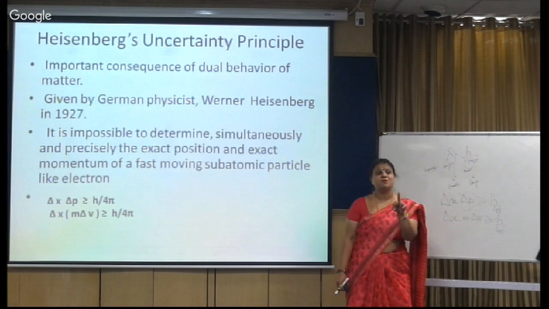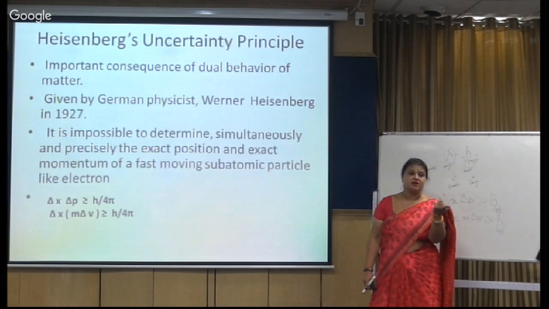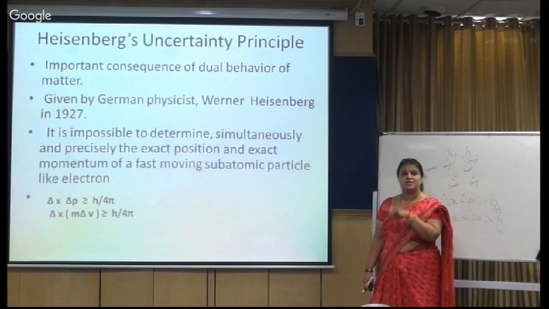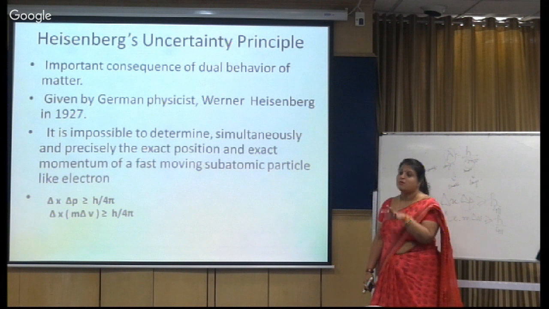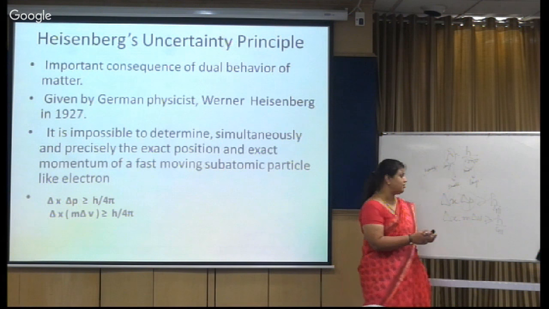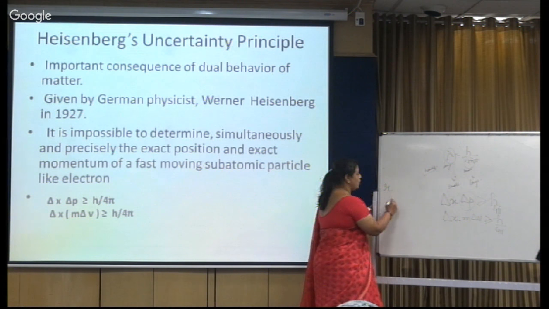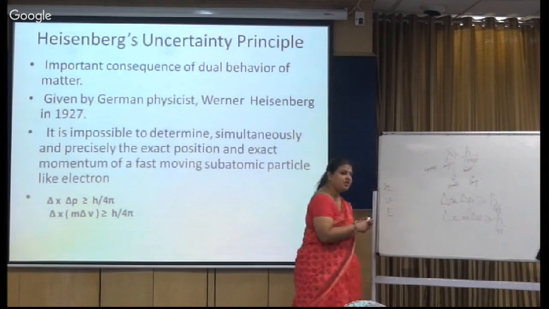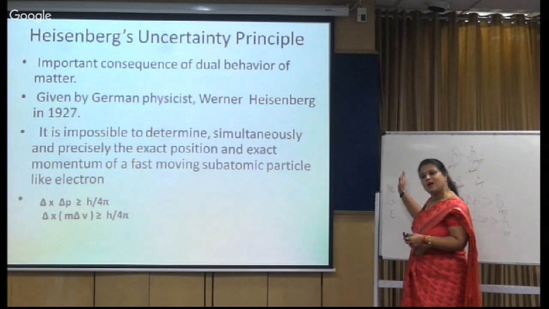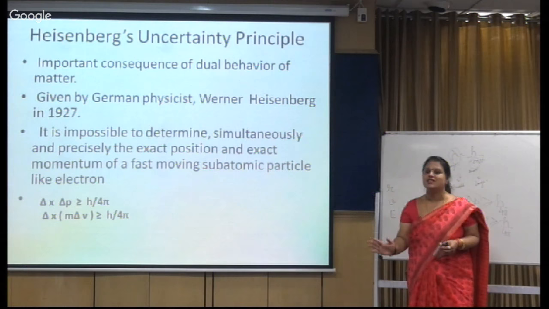Bohr's model was violating both these principles, because according to Bohr's model, the position, the momentum, as well as the energy of an electron can be determined, because Bohr gave the mathematical expression for the radii of its orbit, for the velocity of the electron, as well as for the energy. Once there is a mathematical expression for all three, all the values can be calculated easily.